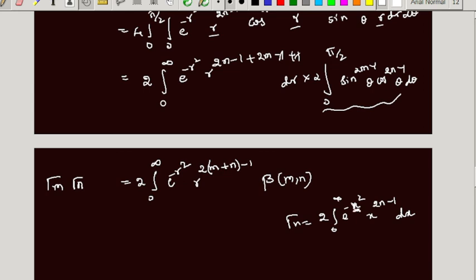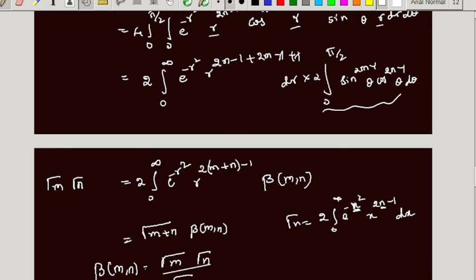So here, with m plus n in place of n, this one we can write as gamma m plus n into beta of m comma n. So we modify this, and beta of m comma n we can write as gamma m into gamma n divided by gamma m plus n.